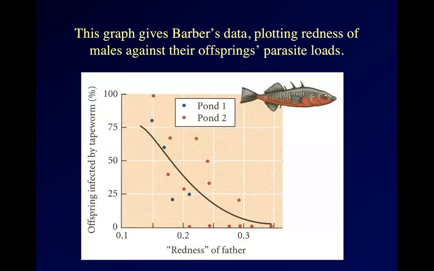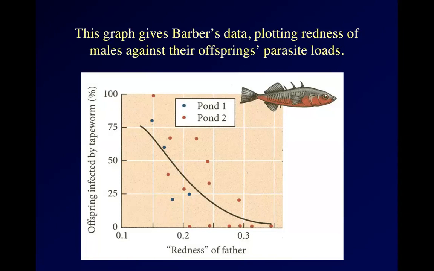So sticklebacks can't think this through, but you can. If you're a female stickleback, if you prefer males that aren't red, your offspring are going to be sicker and probably fewer of them are going to survive.